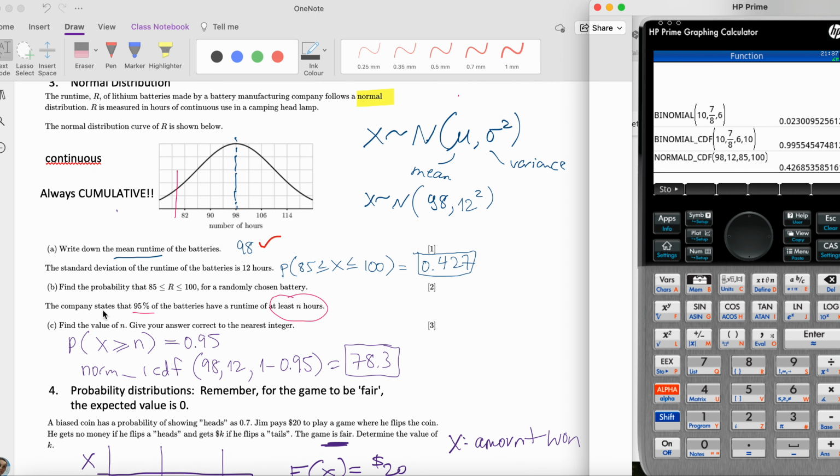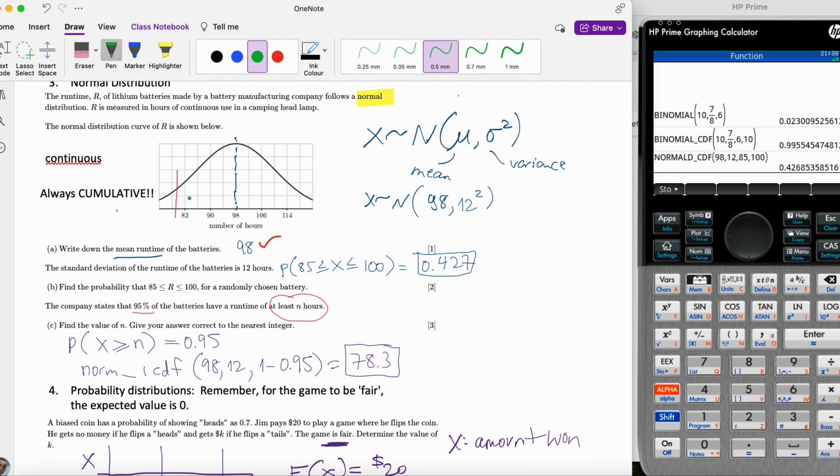The next part: the company states that 95% of the batteries have a runtime of at least n. Find the value of n. So 95% have at least n, so basically somewhere here they have at least this value.